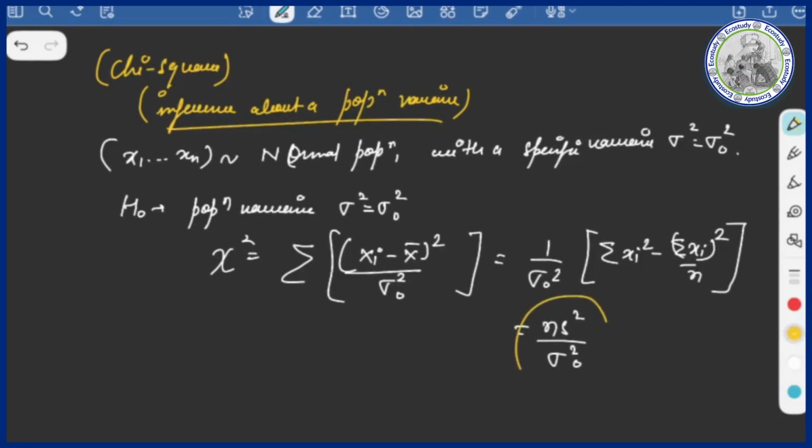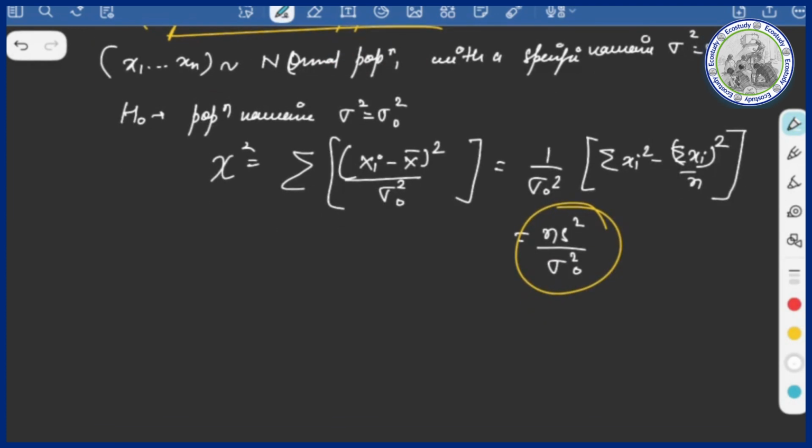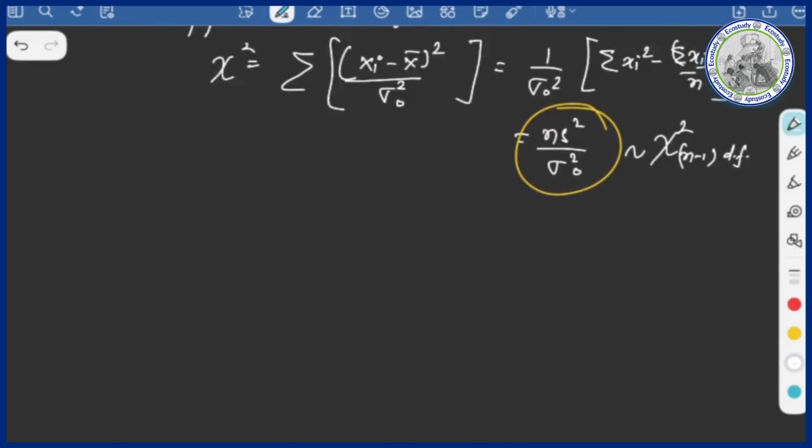I have taught these things in the sampling distribution part, so you can see those lectures for better understanding. And it will follow a chi-square distribution with n minus 1 degrees of freedom.